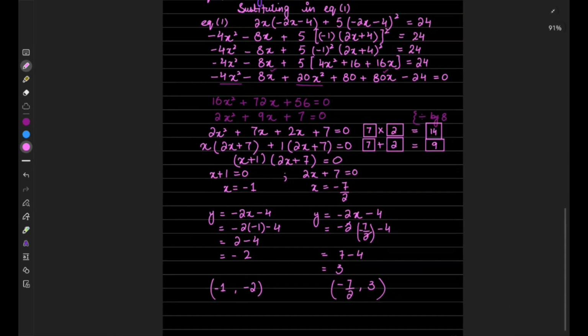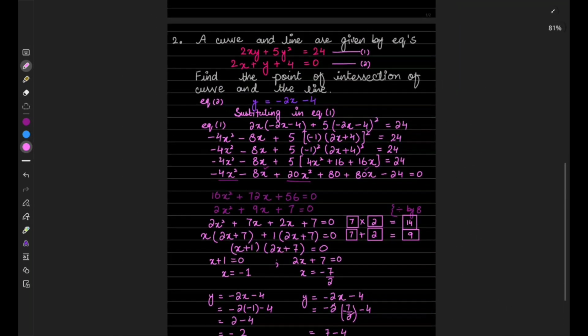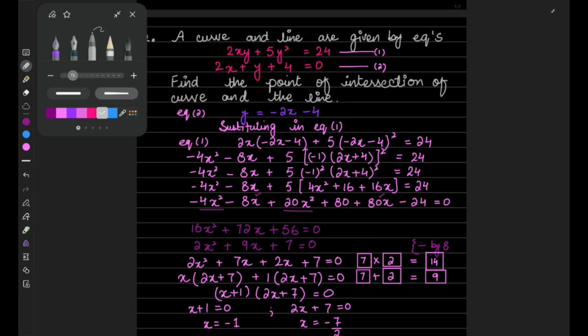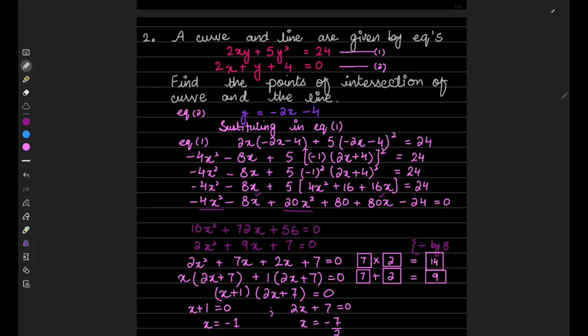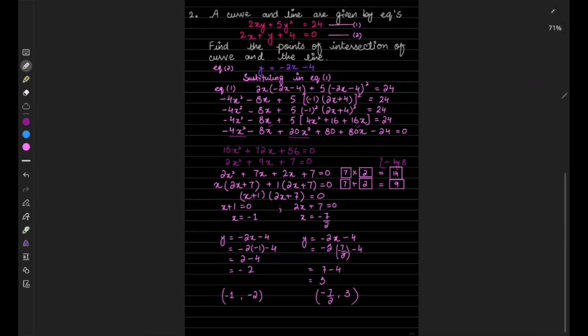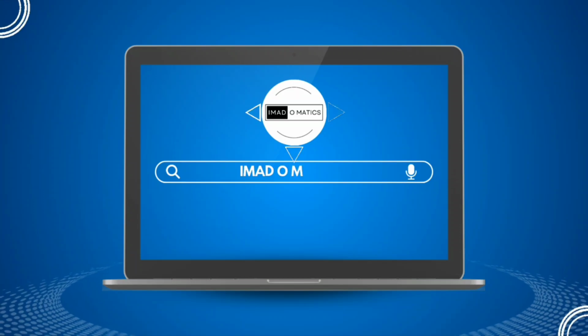As mentioned in the question, it was not the point of intersection but rather find the points of intersection. So these are the two points. I hope you get this question.